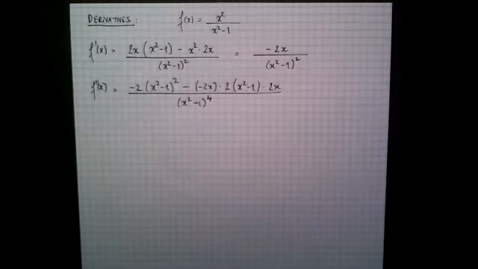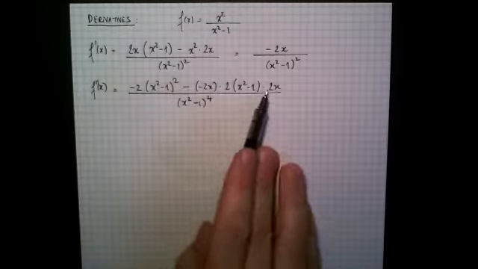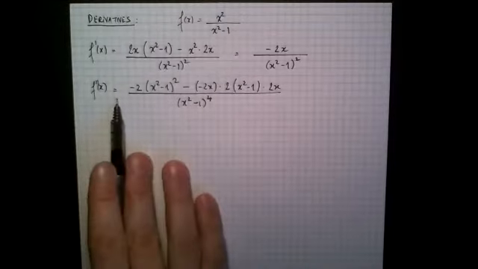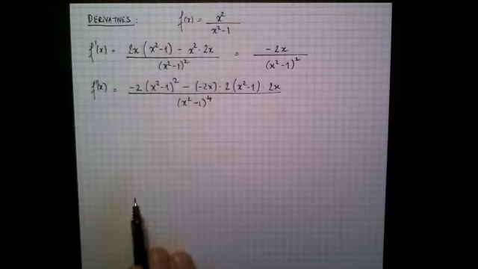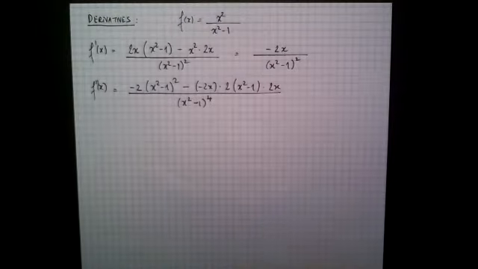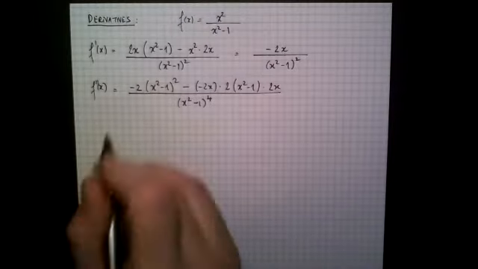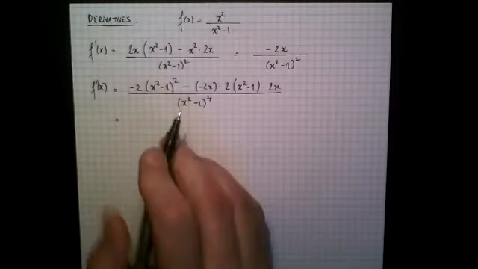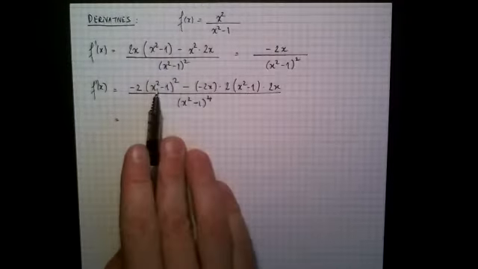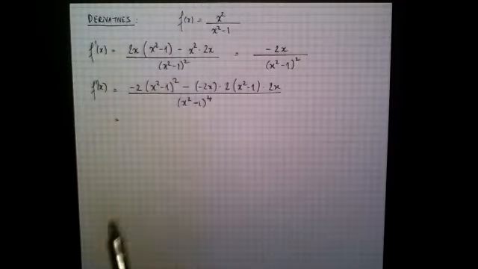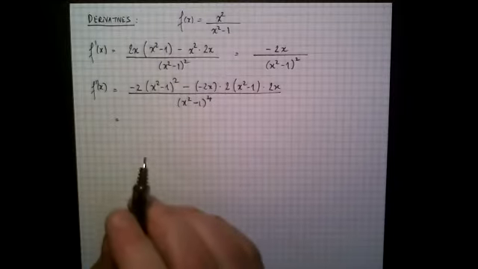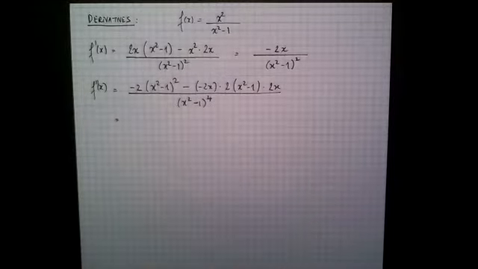Questions? Okay. I'm just gonna fix this a bit because I'm gonna have to use this to find potential inflection points. Okay, so let's simplify this a bit. So the first thing I could do is extract an x squared minus 1 here and here.